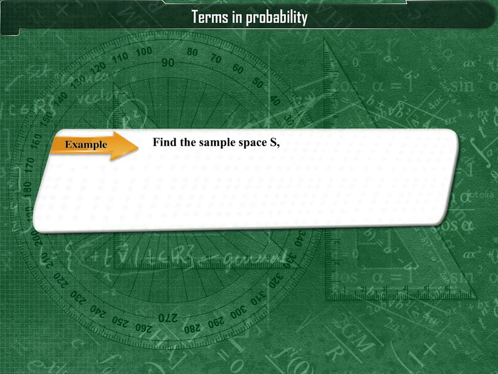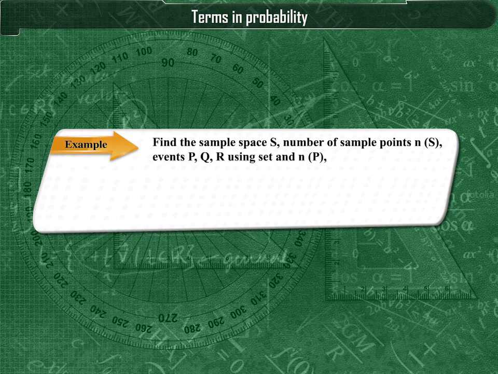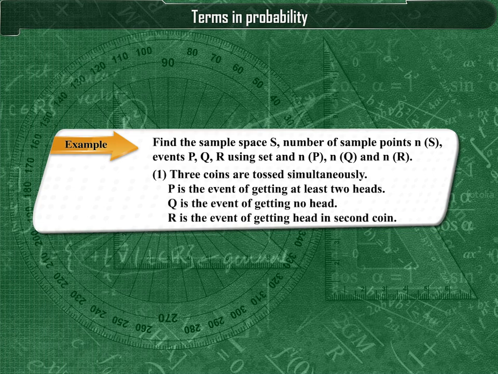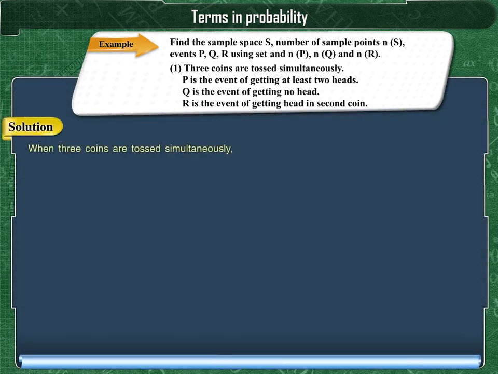We have to find the sample space S, number of sample points n(S), events P, Q, R using set, and n(P), n(Q), and n(R) for the given examples. In the first example, 3 coins are tossed simultaneously. When 3 coins are tossed simultaneously, sample space S contains elements as shown here. Therefore, n(S) is 8.